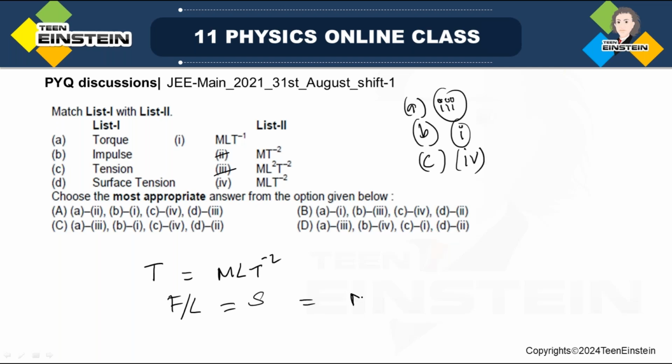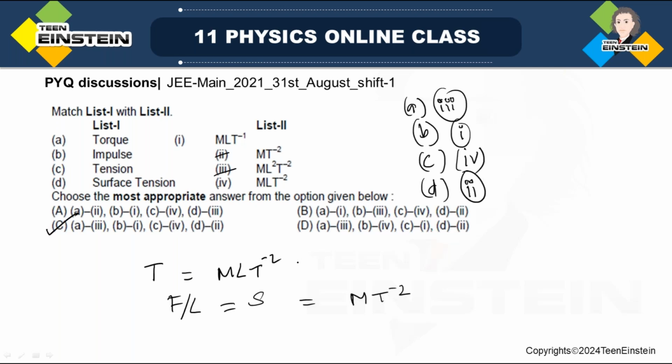So A3, let us check. A3 B1 C4 D2. Okay, so option C will be the correct answer for this question.